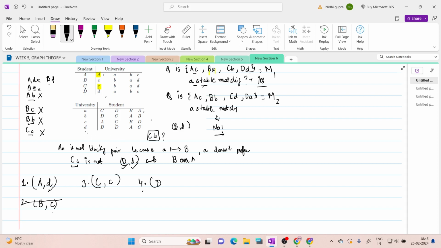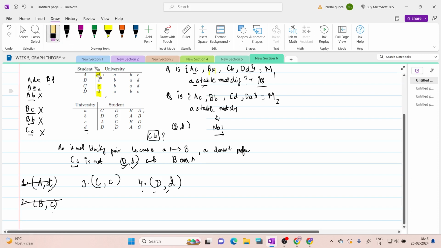It prefers D. So little d will be the pair and A will become free.